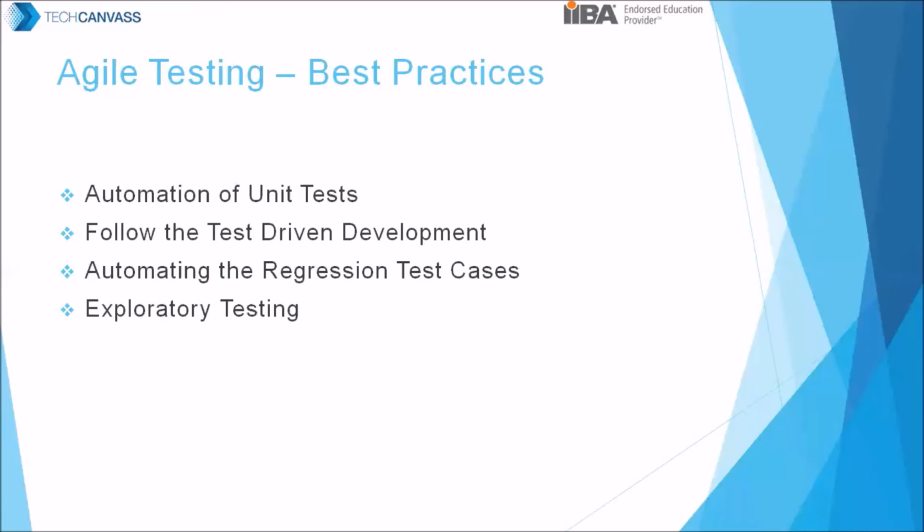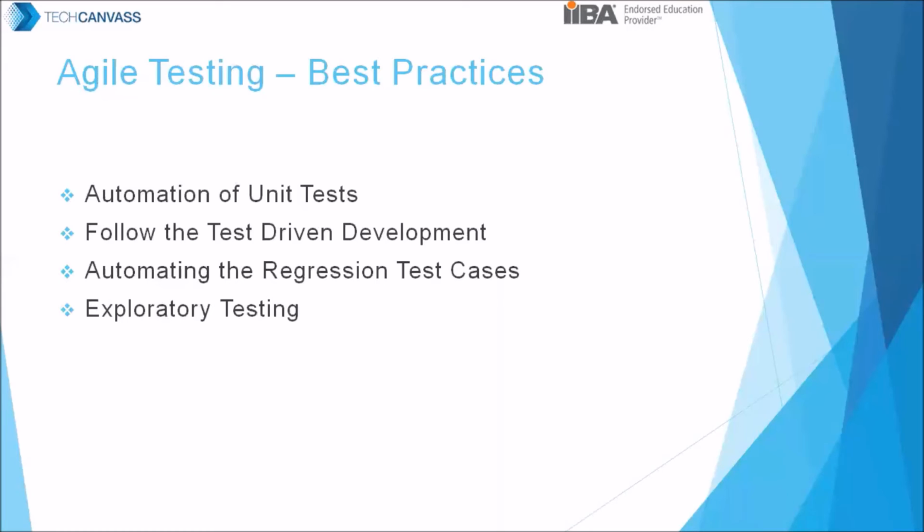So now the third point, automating the regression test cases. Yes. So what happens? We are working in chunks and bits for a particular feature. So take the example we took earlier. Login page is already developed. We are working on the home page. We are reusing the checklist of login page. Okay.